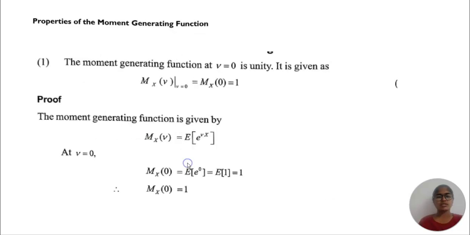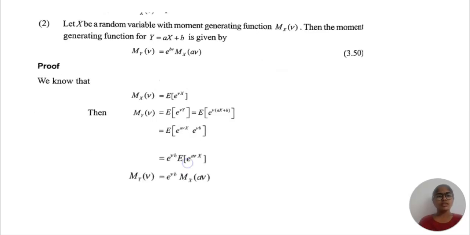Let us see the properties of the moment generating function. The moment generating function at v equal to 0 is unity. It is given as M x of 0 equal to 1. Let x be a random variable with moment generating function M x of v.